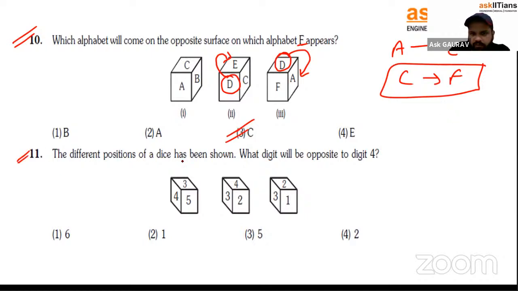Okay, answer this, guys. This is very easy. Question number 11. What will be opposite to 4?